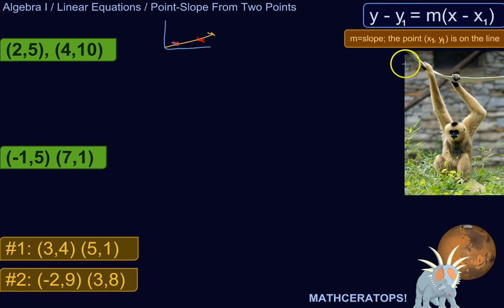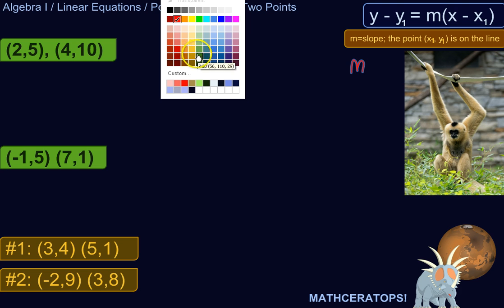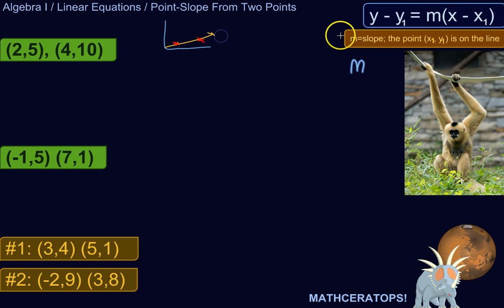So the point slope form basically says this: if we call the slope of a line m, and we've got a point x1, y1 on that line, then y minus the y coordinate of that point equals the slope times x minus the x coordinate of the point on the line.